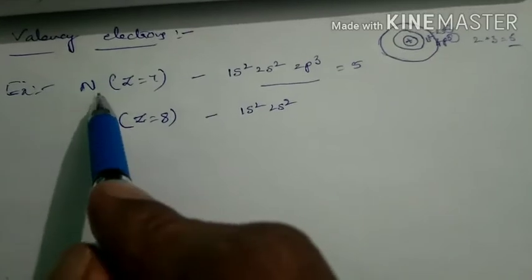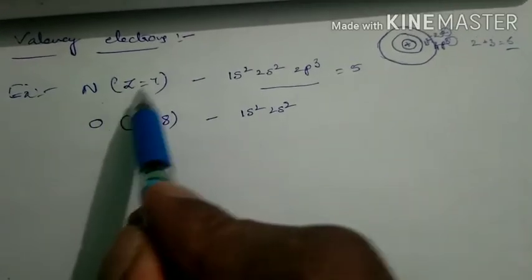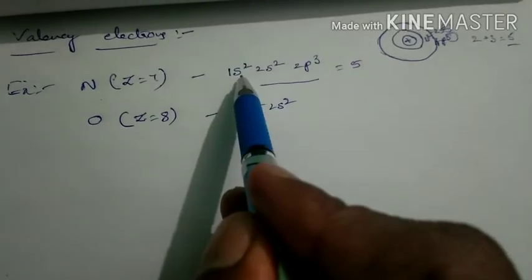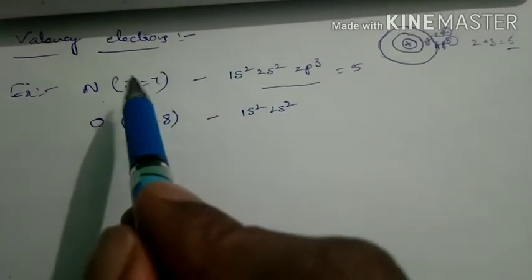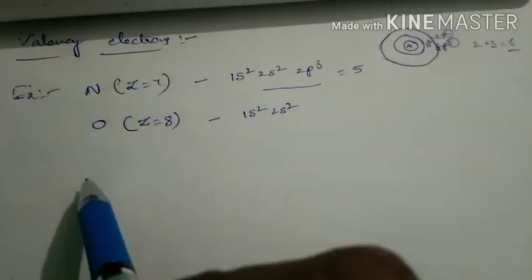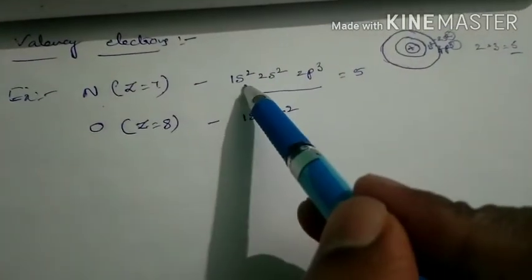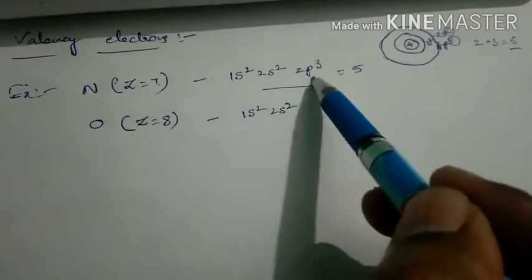For example, take the nitrogen atom. Its atomic number is 7. I already discussed atomic number and electronic configurations in chapter 3, atoms and molecules. Its electronic configuration is 1s2, 2s2, 2p3.